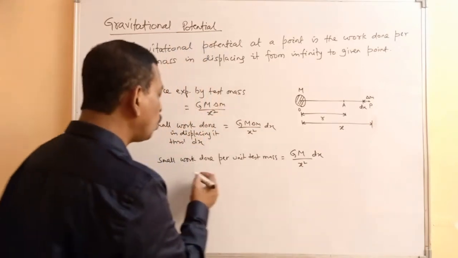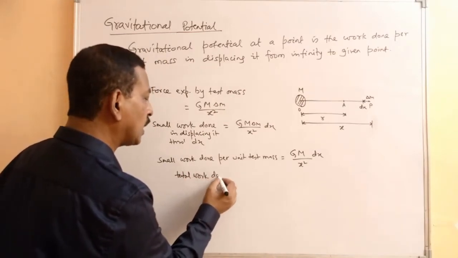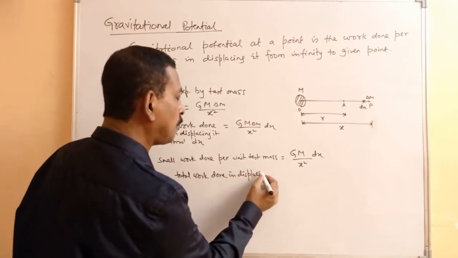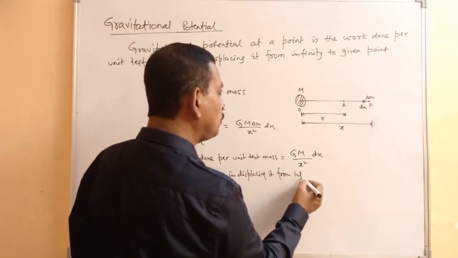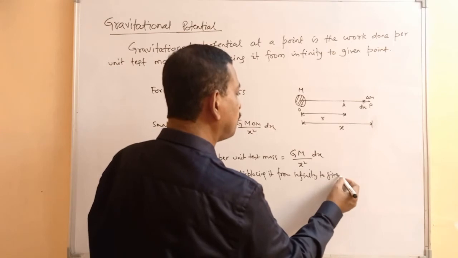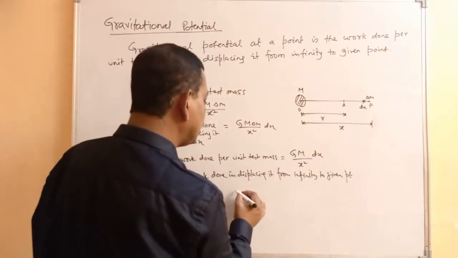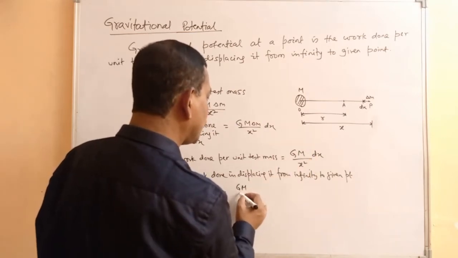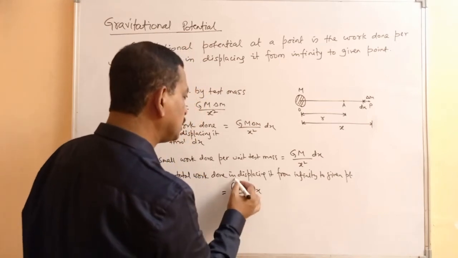So if you want the total work done in displacing it from infinity to given point, I have to find that. So how much will it be? This will be the integral of this work, and it is from infinity to r.